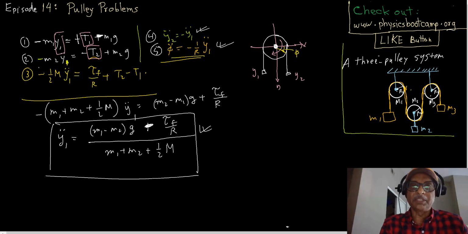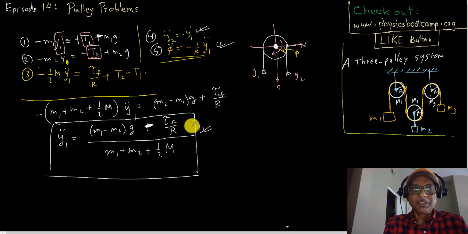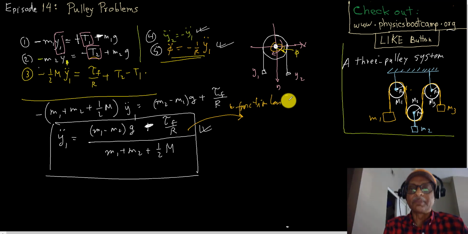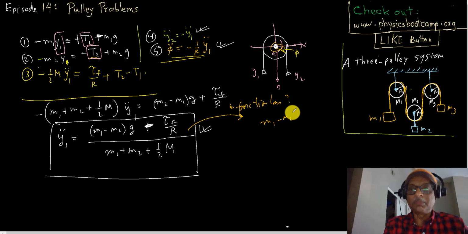That's pretty interesting. From here, you can say, okay, I don't want friction, so frictionless. Well, just set this to 0, and then this formula just becomes m1 minus m2 g over m1 plus m2 plus half m.